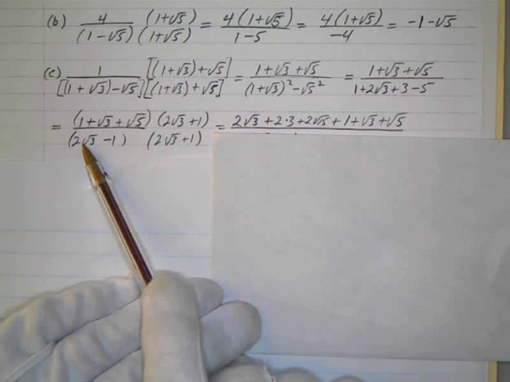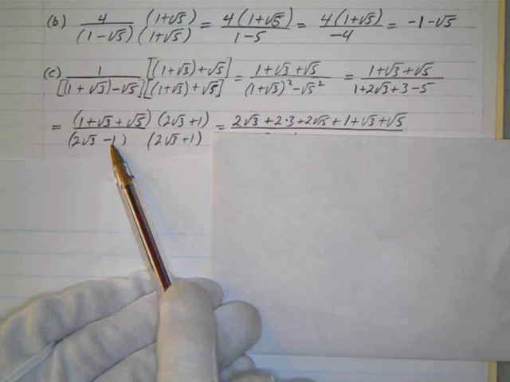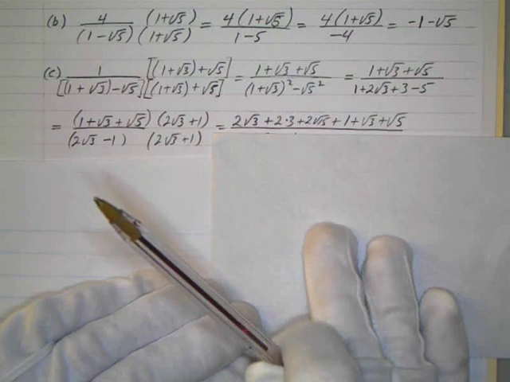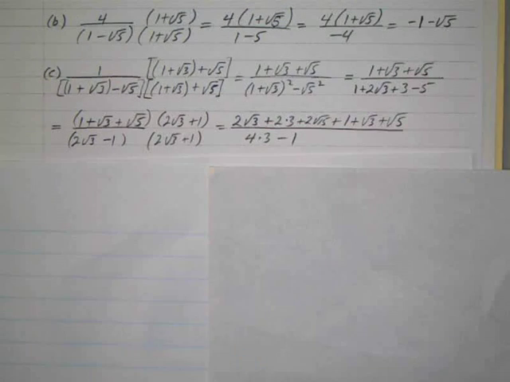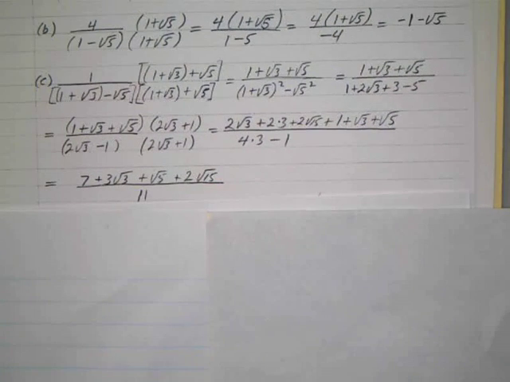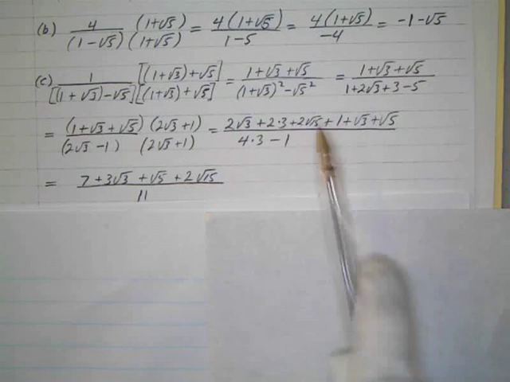In the bottom, again, it's the first term squared minus the second term squared. So 4 times 3 minus 1, and 4 times 3 is 12, minus 1 is 11. Then I simplify the top by combining like terms.